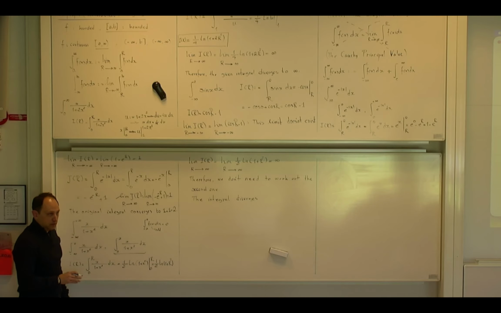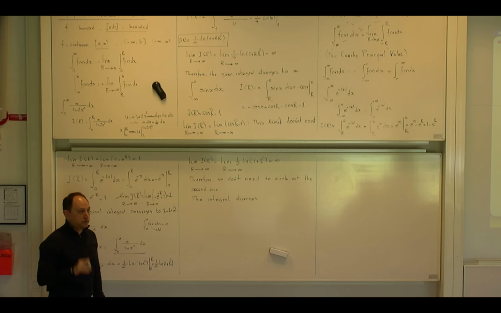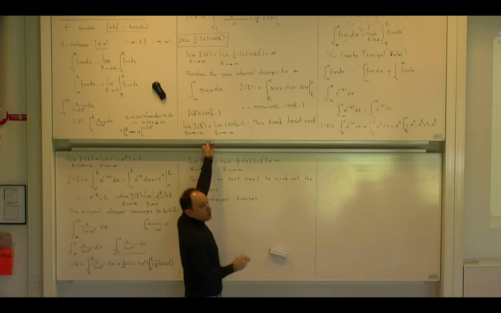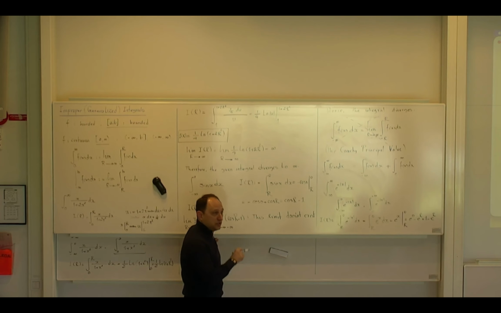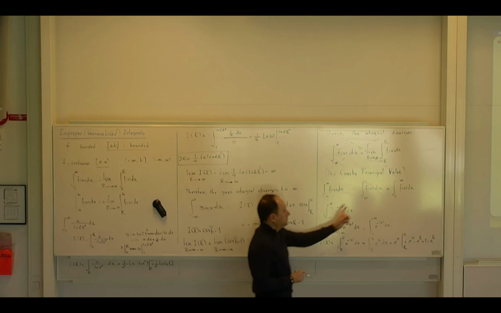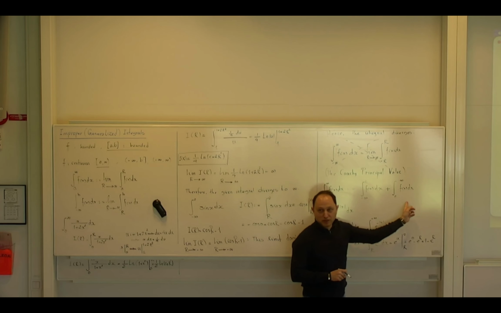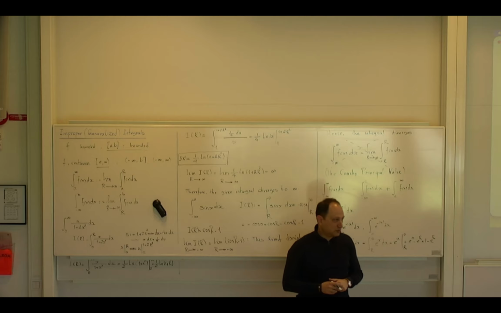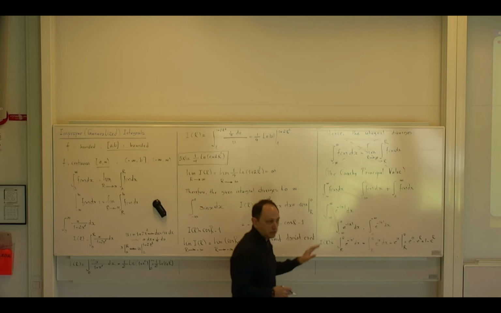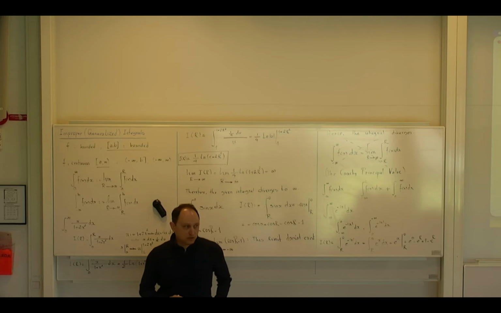Do you agree? And if I send r to infinity, what happens? It goes to minus infinity. So one of them goes to plus infinity, and the other one goes to minus infinity. Still, I cannot say anything about the total integral. Because if one of them is plus infinity, and the other one is minus infinity, infinity minus infinity is an indeterminate form. So this is the best I can say. I can just simply say that the integral diverges.